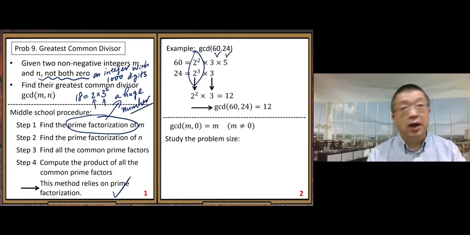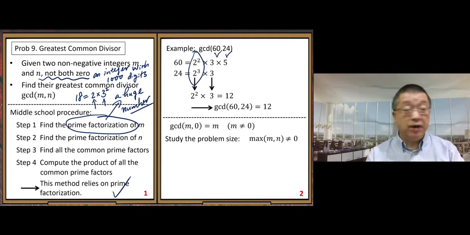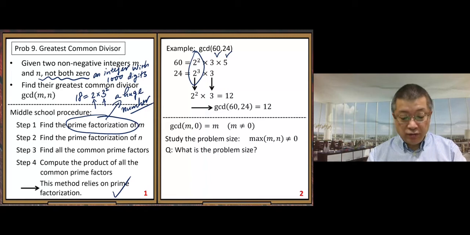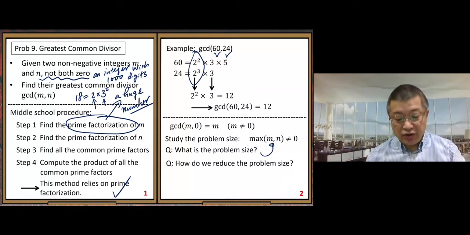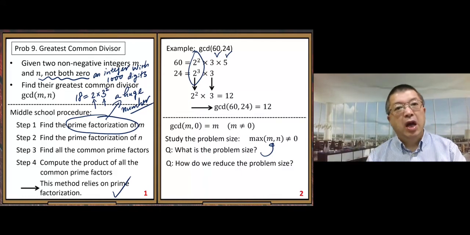What is the problem size? The maximum of these two given numbers, which is not 0, based on our requirement. That's easy. But the second question is hard: how to reduce the problem size?